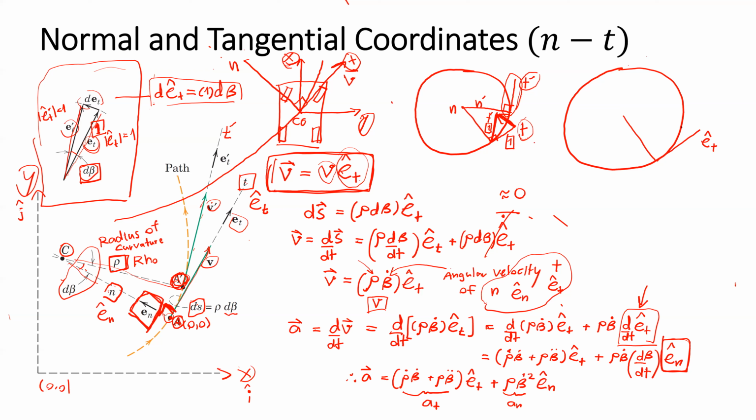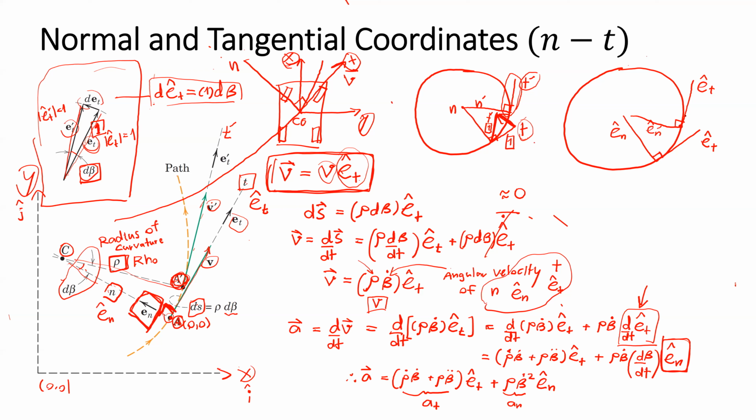If we shift to this point, the eT prime and the eN prime will be like this. I think until here, you can accept what I write here.